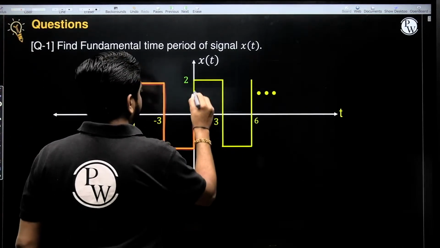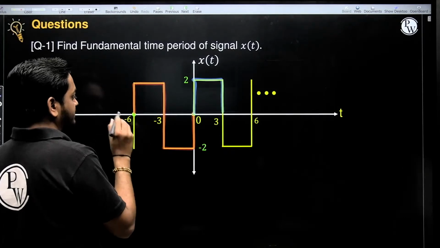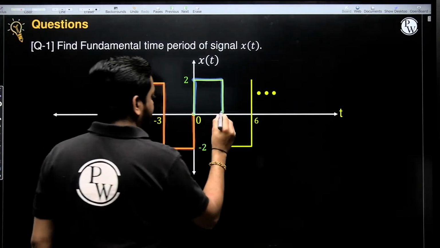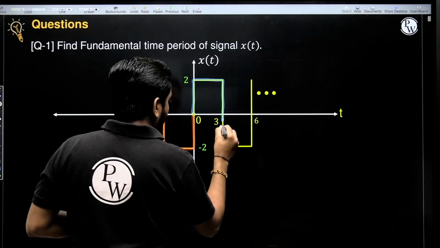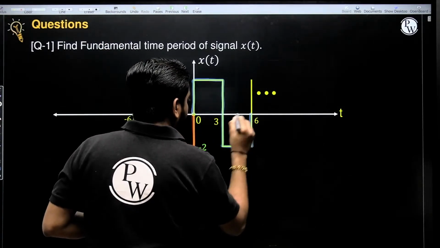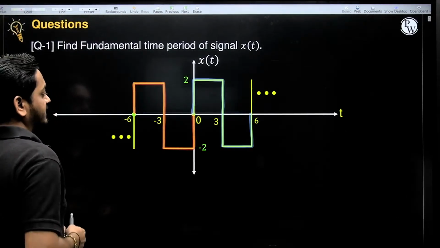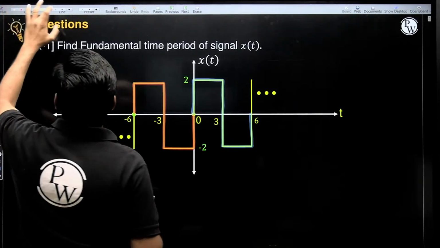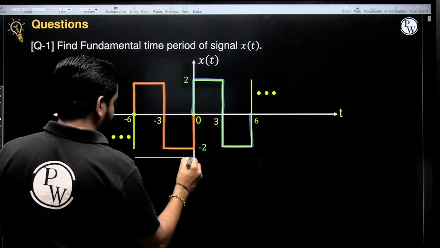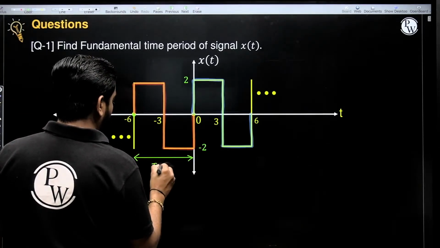See, between minus 6 and 0 the pattern exists, and the same pattern is present between 2 and 6. That's why you can say this is periodic. And what is the fundamental time period? You can say fundamental time period T equal to 6.